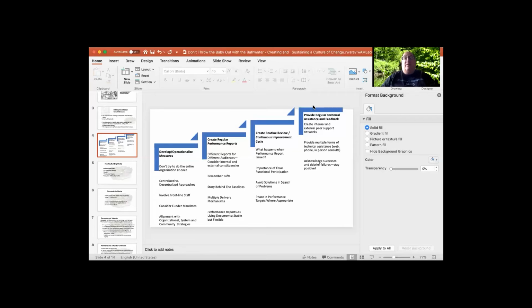It's really important to have cross-functional participation when you review and diagnose performance problems. People from different parts of the organization, people that might lend a different perspective. Remember that whole caveat about avoiding solutions in search of problems.